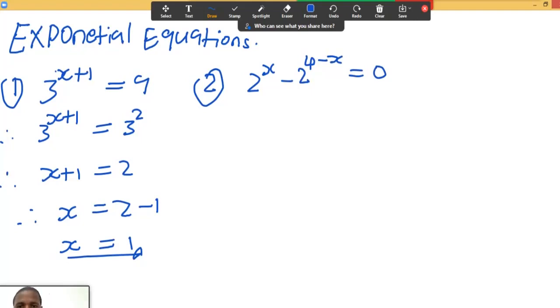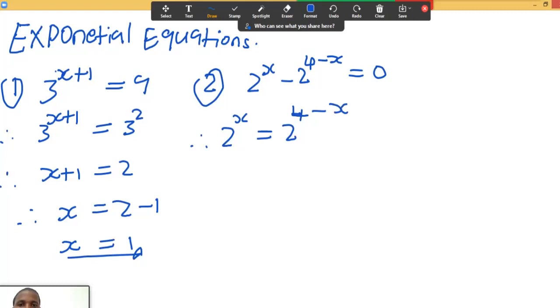To solve for x here, we can say 2 to the power x is equal to 2 to the power 4 minus x. So we're taking that to the side.